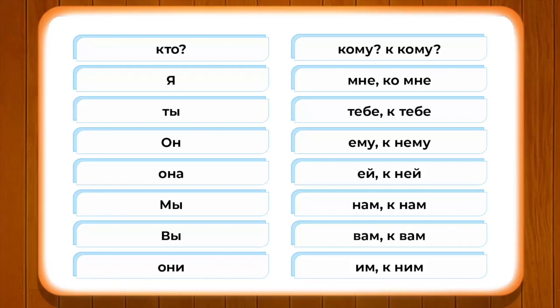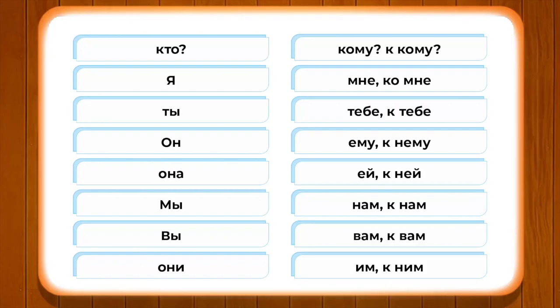Whenever we have questions in dative with personal pronouns, we use these expressions. On podaril mne, so, indirect object. On podaril mne novuyu rubashku. He gifted me a new shirt.